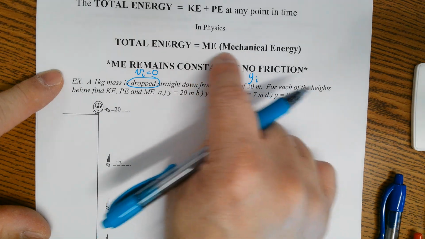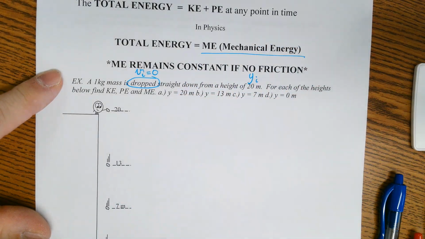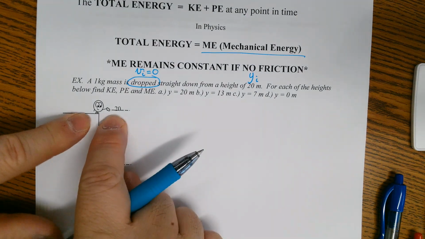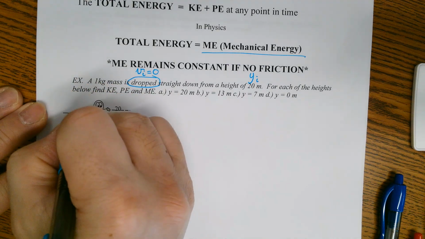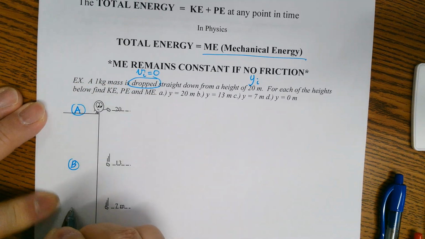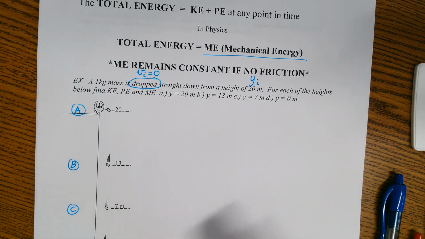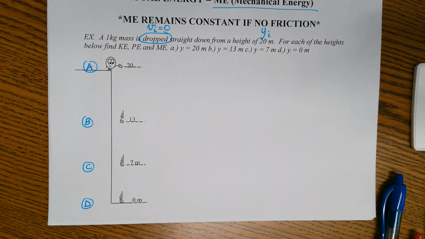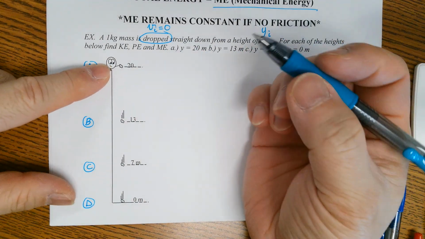The ME means total mechanical energy. So initially, right here, I'm going to say point A, point B, point C, and point D. I'm not going to put any initial or final at all, just point A, point B, point C. Initially, I have to ask these questions.